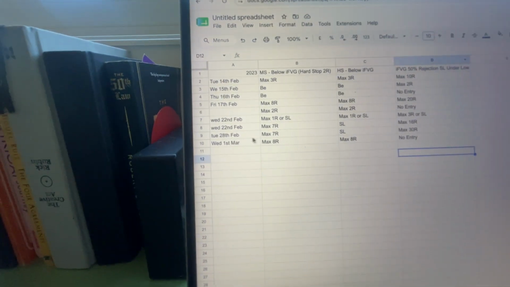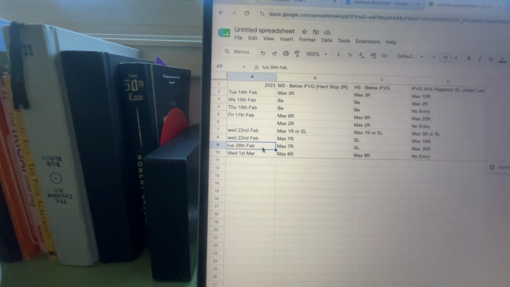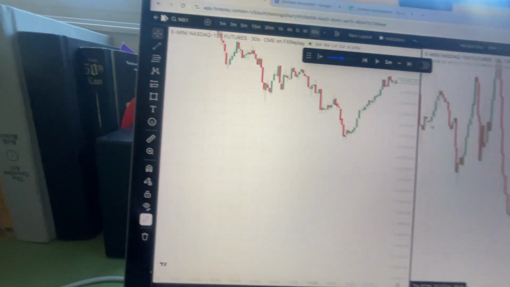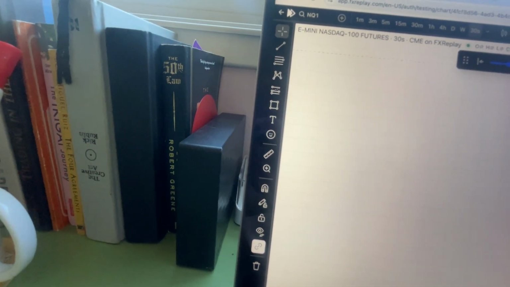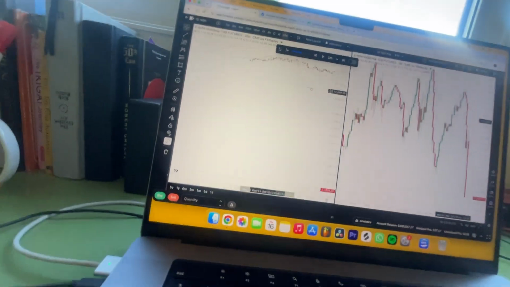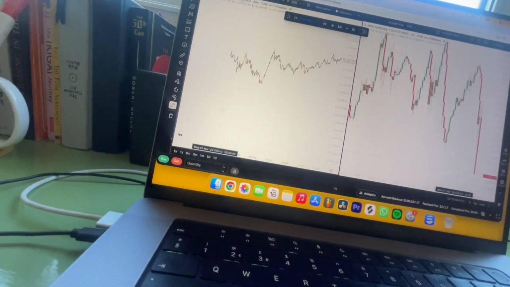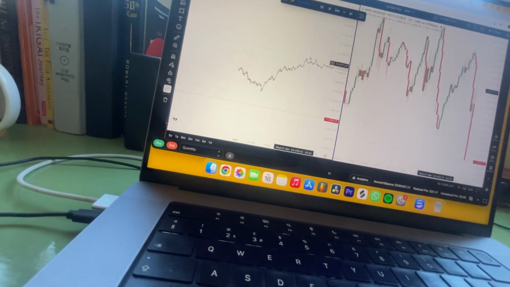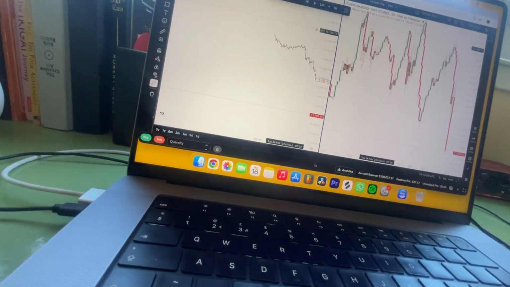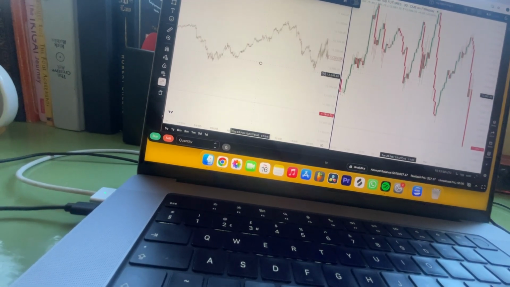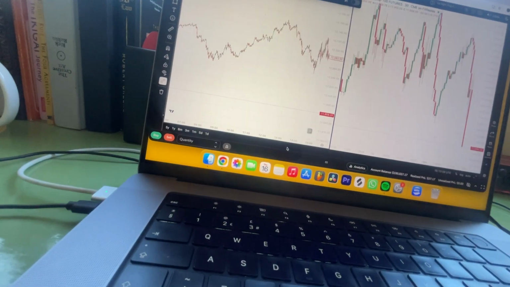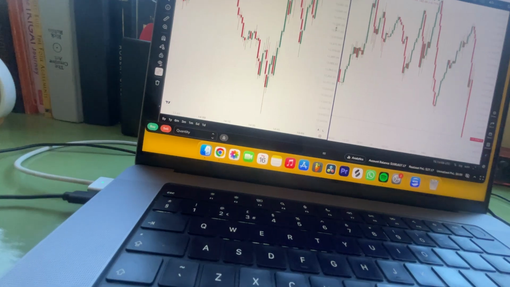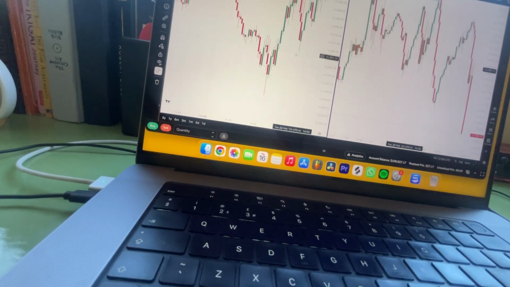For example, going back to this Tuesday the 28th one, I got a 30R out of that. That was just ridiculous. Let's see if I can get to it. It's actually quite tough holding this phone at the same time as trying to do this. Tuesday 28th. It was here. So there was the IFVG that I think I took here.